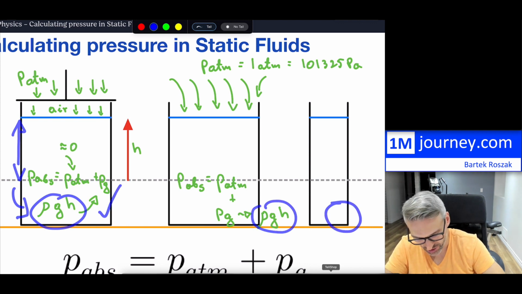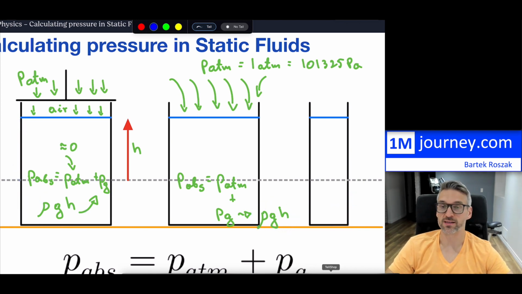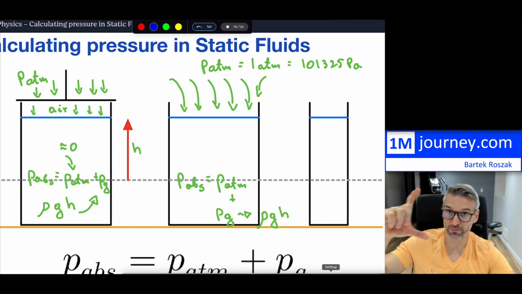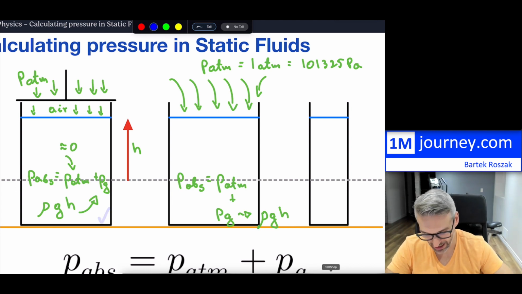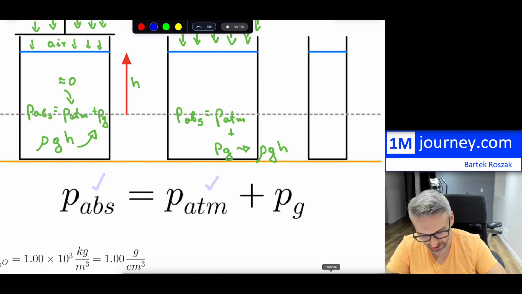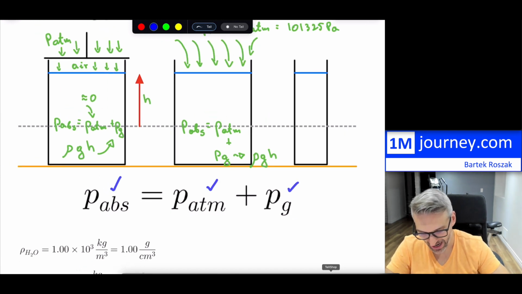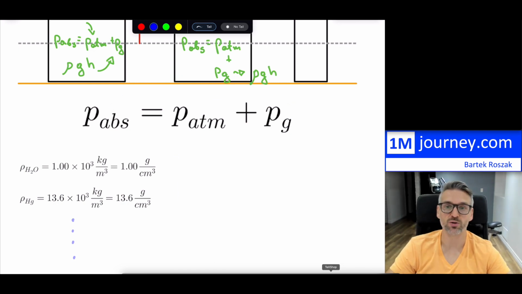This pressure, due to the weight of the fluid, doesn't matter if there's a lid or not, just based on that fluid, that would be identical. So that's what you would actually read out. All of these would be the same. So that is absolute pressure, atmospheric pressure, and gauge pressure that you have. Of course, it will depend on the density. Now, there are many other densities that you can deal with, many different fluids.